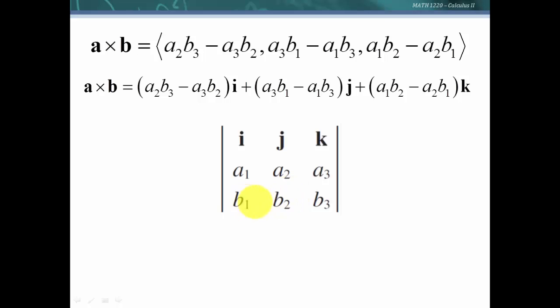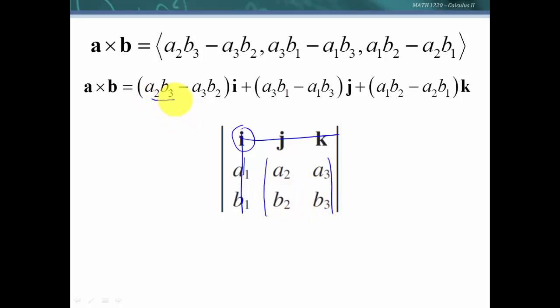A sub 1, 2, and 3 and B sub 1, 2, and 3, if we computed this determinant by expanding by cofactors, we would take this first element I multiplied by the determinant of what's left when we cross off I's row and column, so it would be the determinant of this piece. Well, that would be A2B3 minus A3B2.